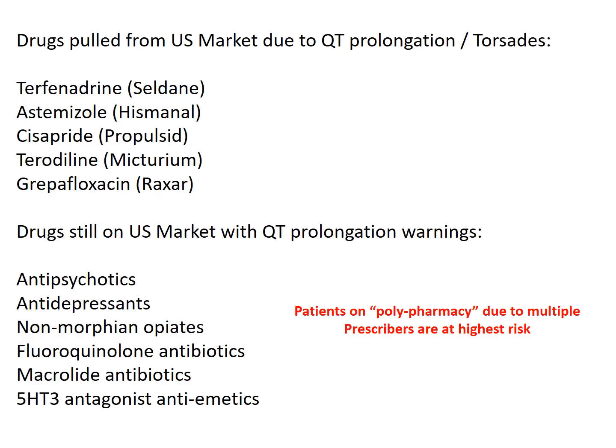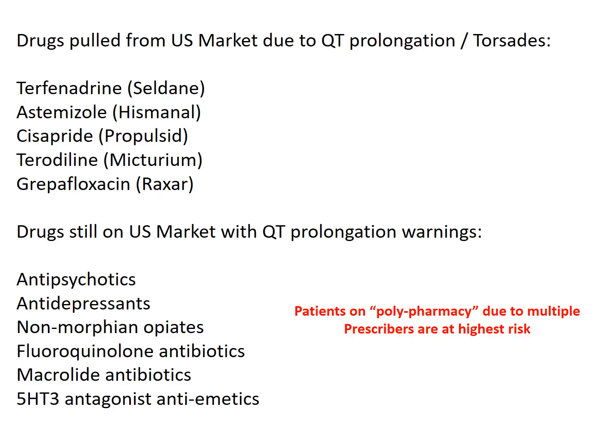There are still drugs on the U.S. market that have QT prolongation warnings, and you know that because you've seen these drugs: antipsychotics, antidepressants, non-morphine opiates, specifically drugs like meperidine and methadone, fluoroquinolone antibiotics, ciprofloxacin, moxifloxacin, macrolide antibiotics, specifically azithromycin.